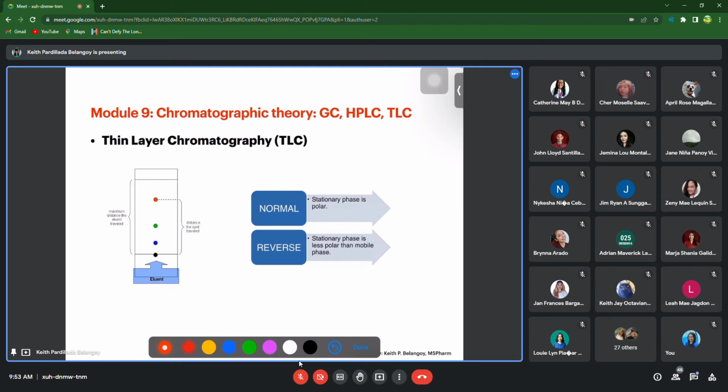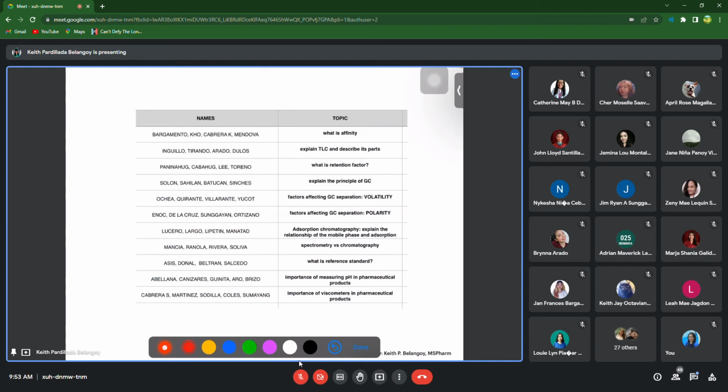Sige. So let's go to your retention factor. I will leave this here because the retention factor will again help us explain your polarity. Can I have Lee? What is retention factor?